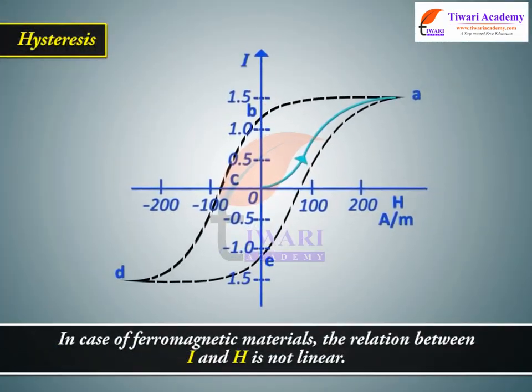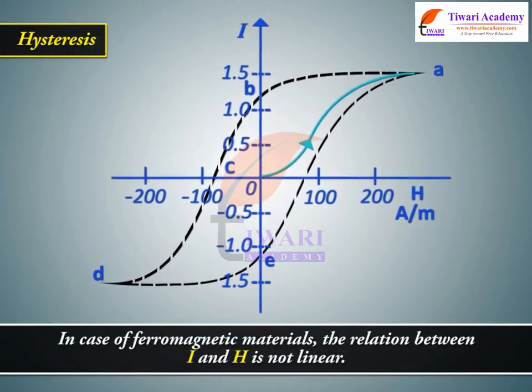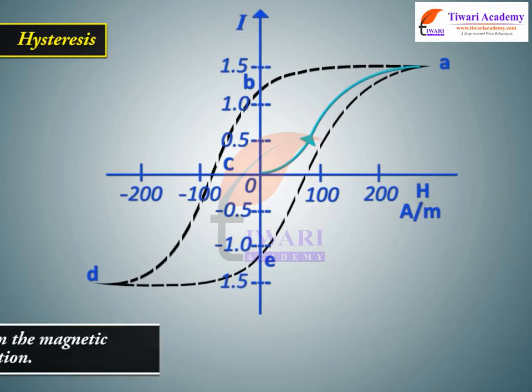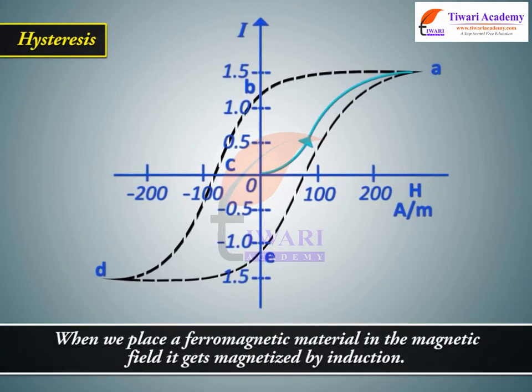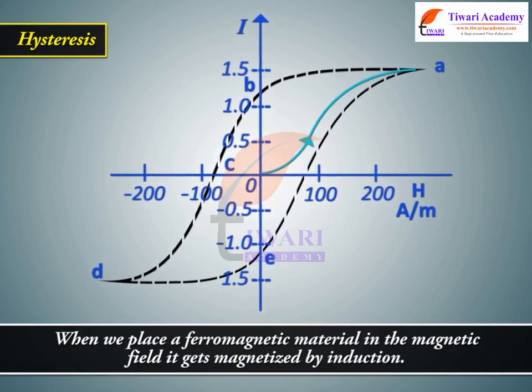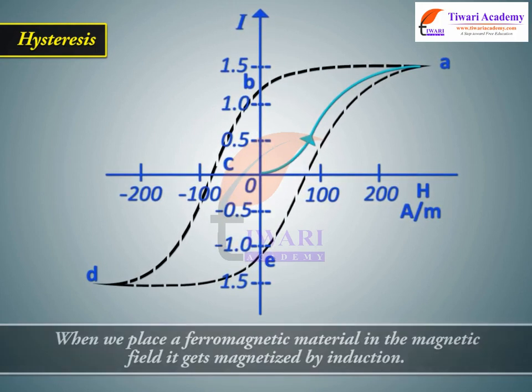Hysteresis. In case of ferromagnetic materials, the relation between I and H is not linear. When we place a ferromagnetic material in the magnetic field, it gets magnetized by induction.